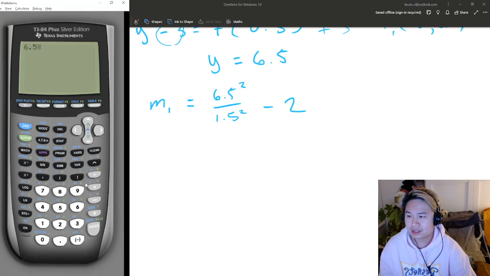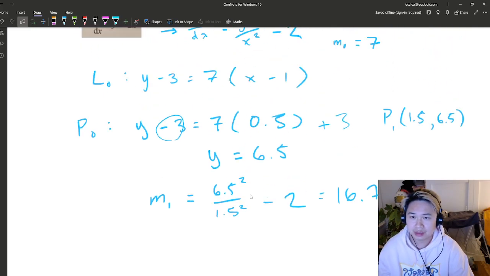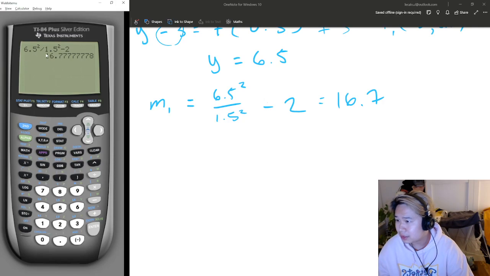I wonder if there's a calculator function to speed this up. Euler's method. I mean, it's simple, it's just tedious. Yeesh. 16.7 slope? That's a big increase. Did I type it in properly? Yeah.